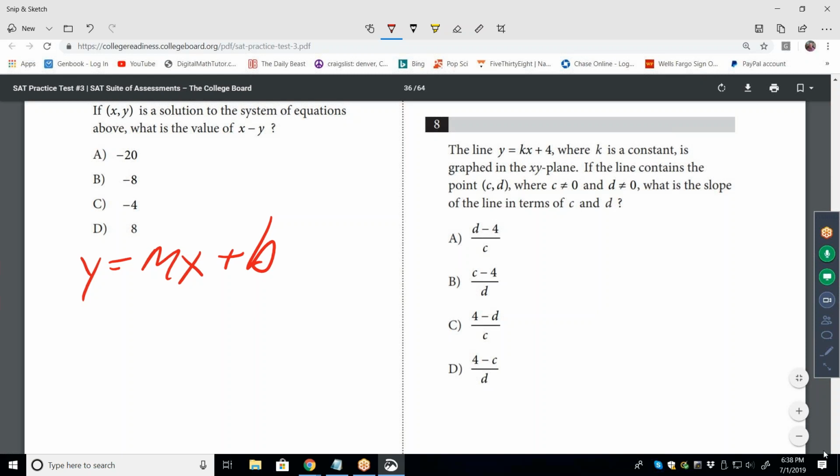Okay, so they're asking us what is the slope? Well, what is the slope? If I solve that equation on the left for m, what do you get? Just solve that equation for m. It's easy enough. You don't have any parentheses. You don't have any denominators. What's the first thing you're going to do?